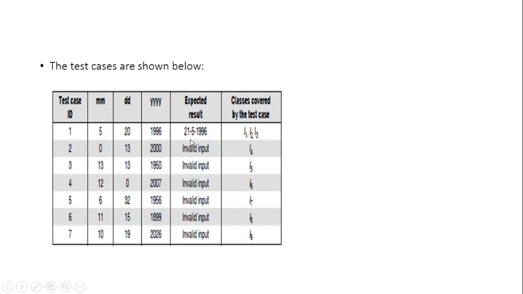This is going to cover all the 3 valid classes, I1, I2 and I3. For the rest you give invalid ranges, say for month 0 and 13, less than 1 and greater than 12. In the 4th and 5th, date is beyond the range, while in the 6th and 7th, year is beyond the range, and the expected result will be invalid input. So this is the classes it has covered. Hope this is clear.